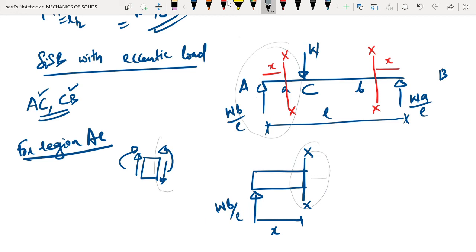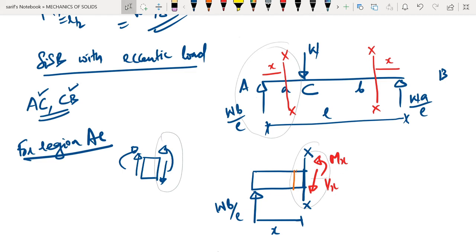If you take an element here, this is the face that is open to us where we have to draw the forces. So if you mark the forces, they are going to be Vx and this will be Mx.